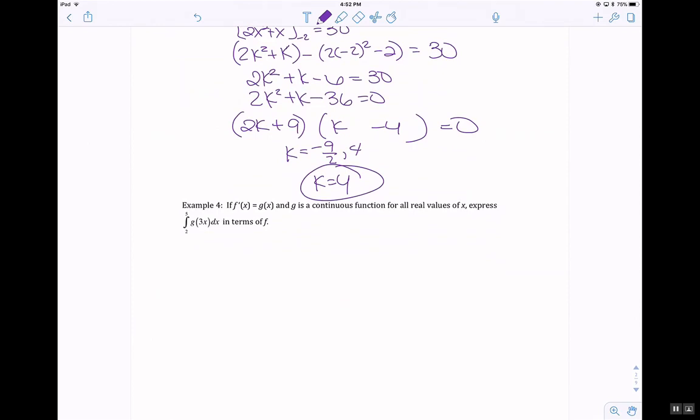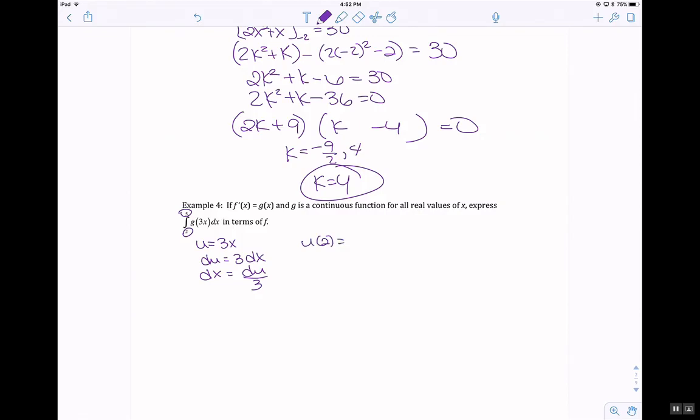This requires a little bit of u substitution here. So u is equal to 3x, so du is equal to 3 dx, so dx is equal to du over 3. And then normally when we do u substitution, we also have to change our boundaries.